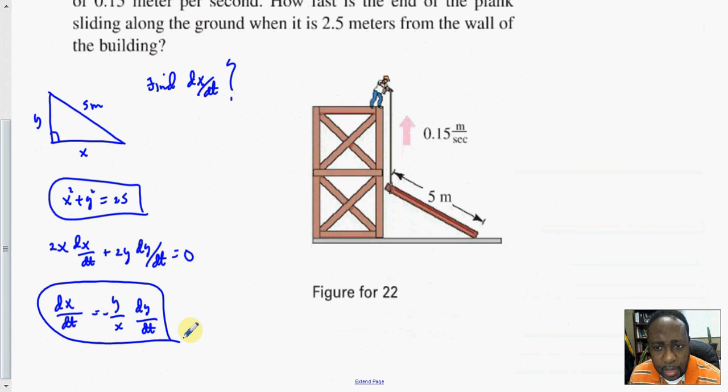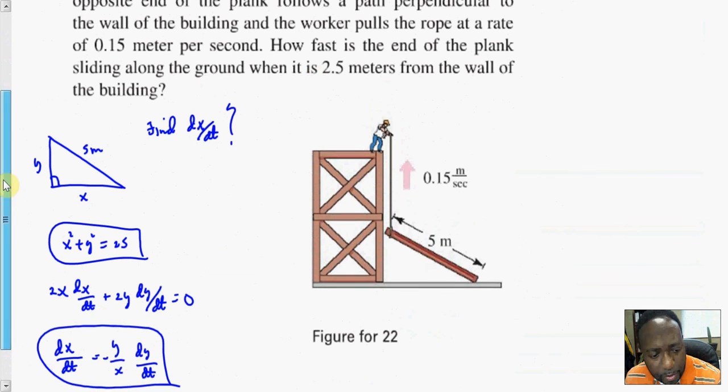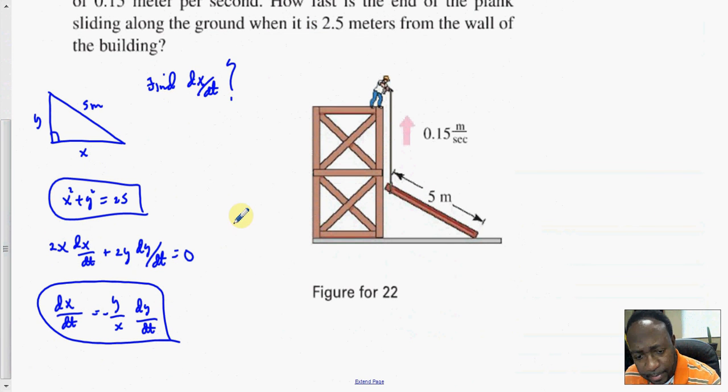So let's see. They said, how fast is the end of the plank sliding along the ground when it is 2.5 meters from the wall of the building? That is, when x is 2.5 meters, they give us that. So if x is 2.5 meters, we can solve for y using Pythagoras.